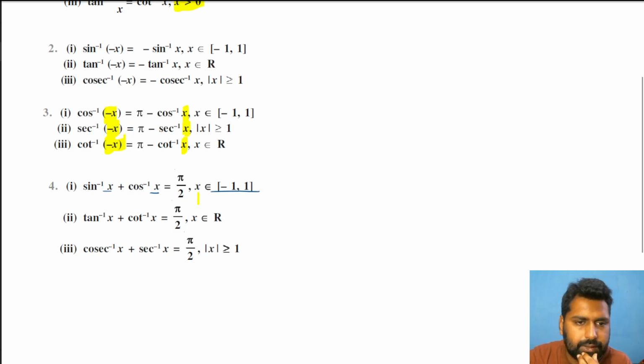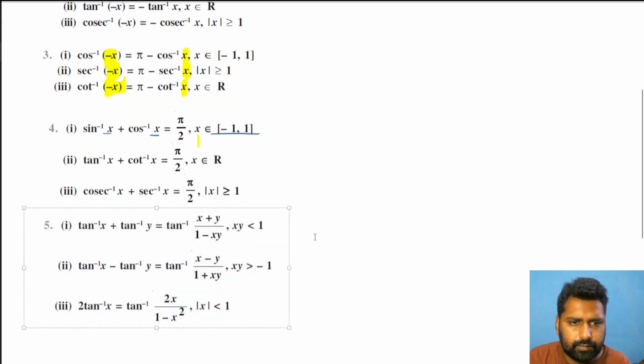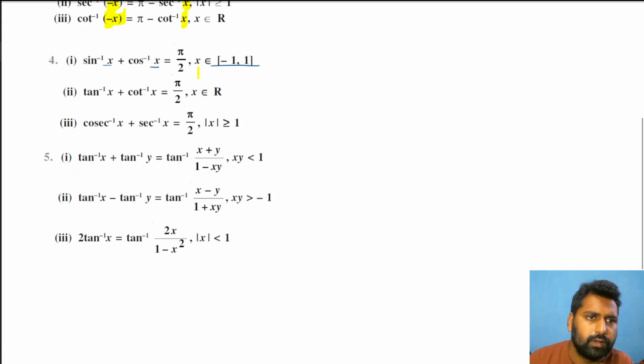The next property that you have to learn is this one, very important. Tan inverse x plus tan inverse y is tan inverse of (x plus y) upon (1 minus xy).